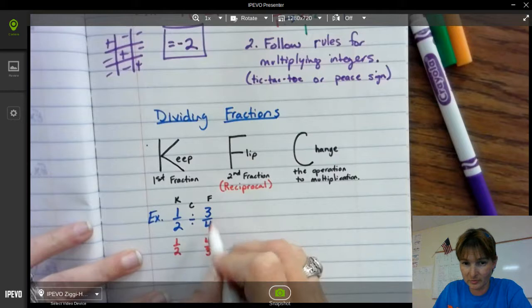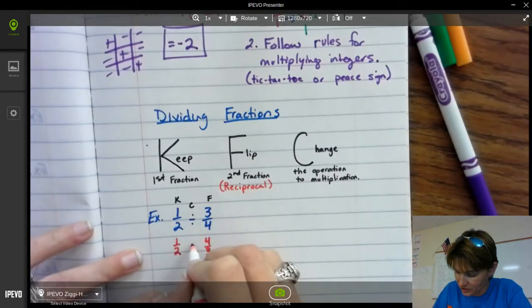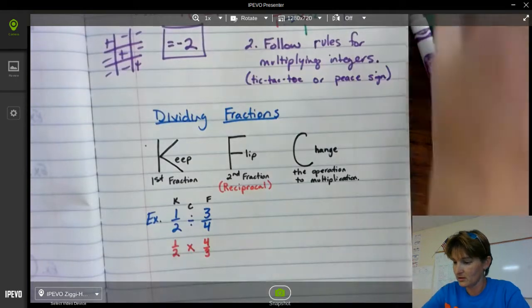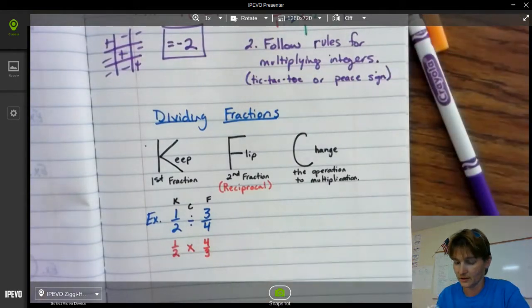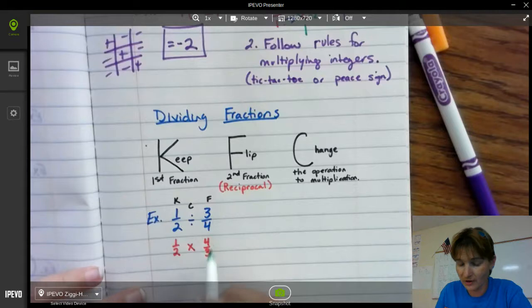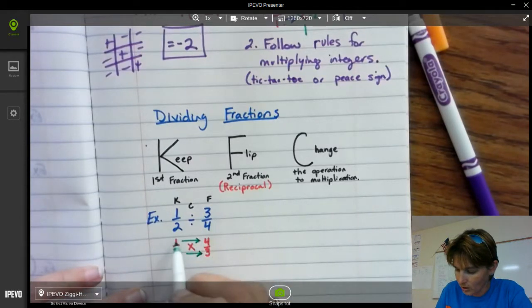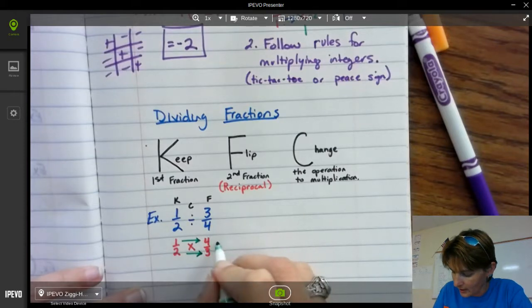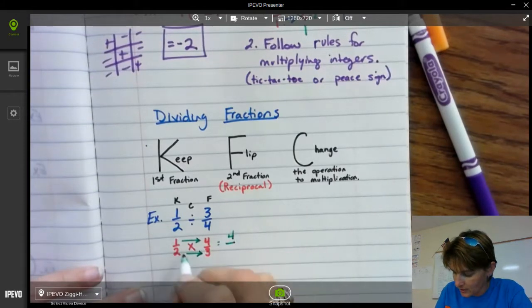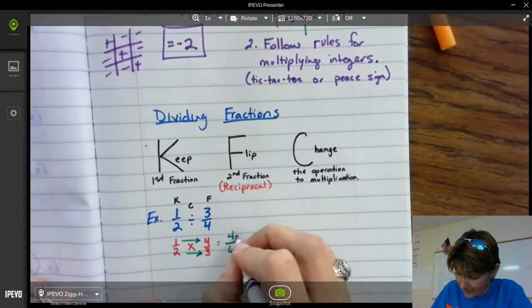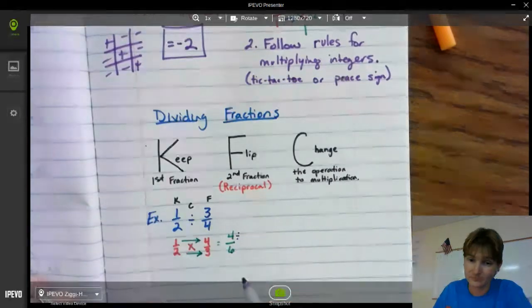Okay, so it's just flipping these around and then changing to multiplication. And from there, like yesterday, when we have multiplying fractions, we multiply straight across. So 1 times 4 is 4. 2 times 3 is 6. And then you can reduce at that point, or reduce last.